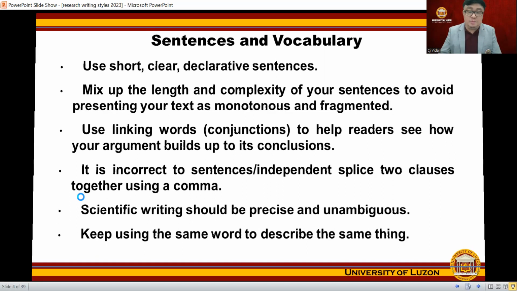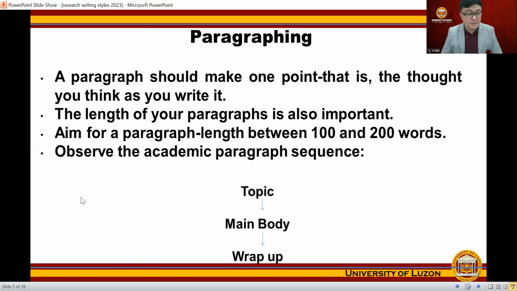Then we move on to paragraphing. Paragraphs are written units of your thought about something. The way that you organize them into a pattern is an important factor in making your argument look logical and well ordered.